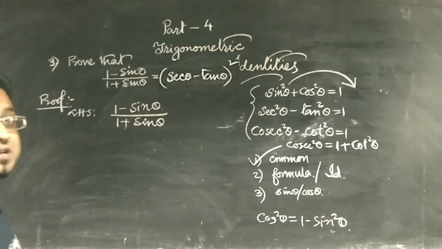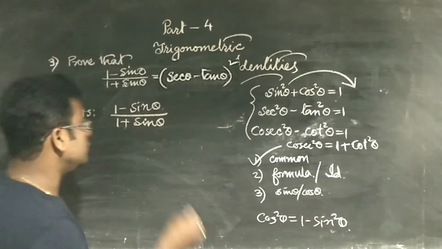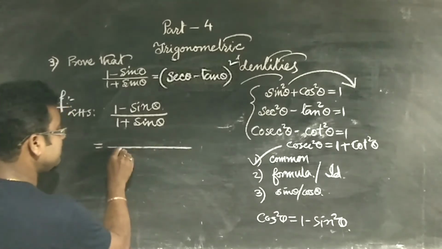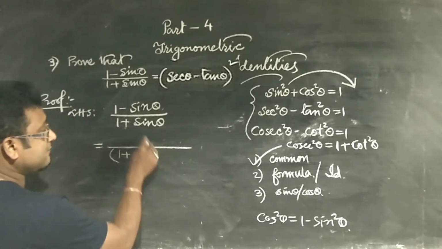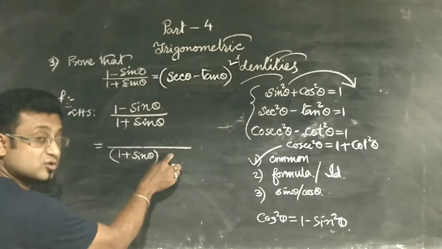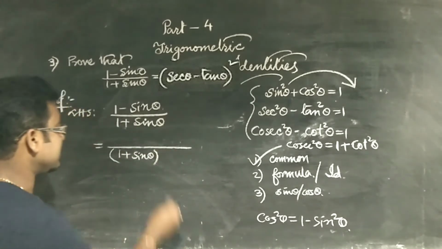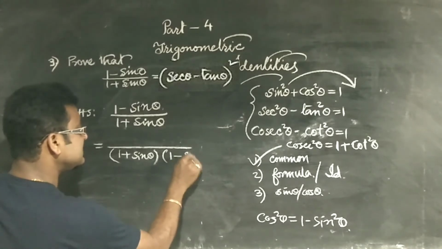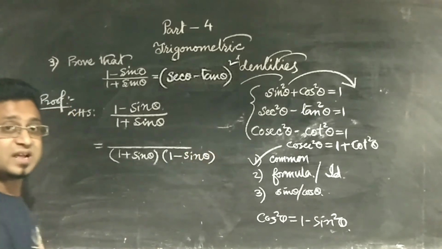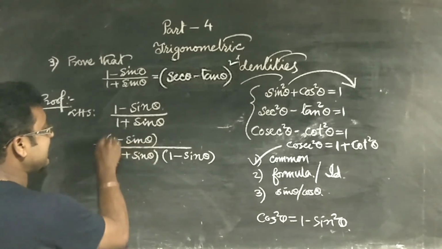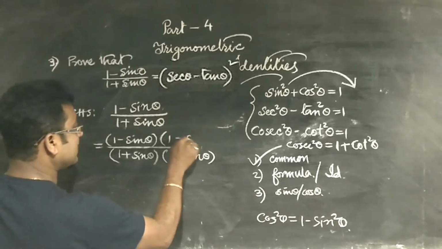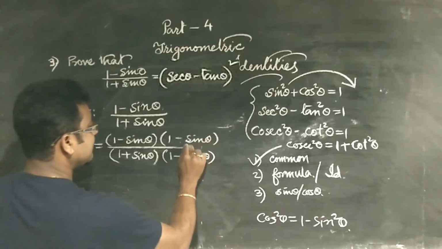Just the process is similar. 1 plus sine theta is there. I am going to multiply the denominator by its opposite, that means 1 minus sine theta. And the numerator also I have to multiply by exactly the same thing, that is 1 minus sine theta.